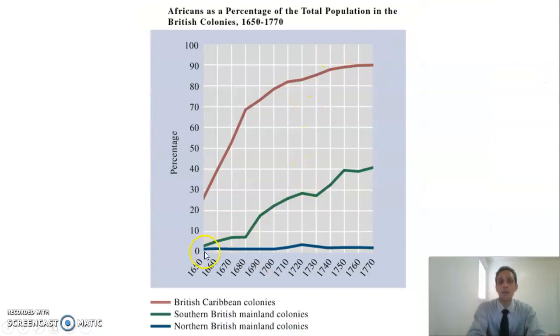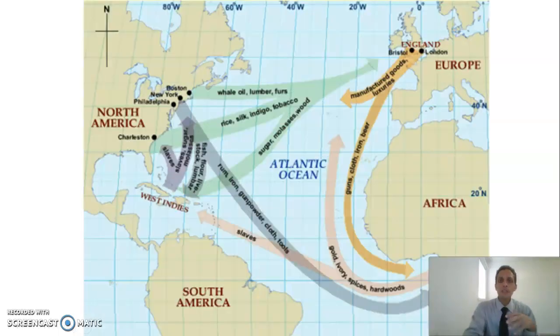The amount of slaves imported into the British Caribbean islands dwarfs the amount brought into the southern British colonies. But nevertheless, what we're going to focus on is the impact this transition has. So you have large amounts of Africans being brought into the New World for plantation labor.